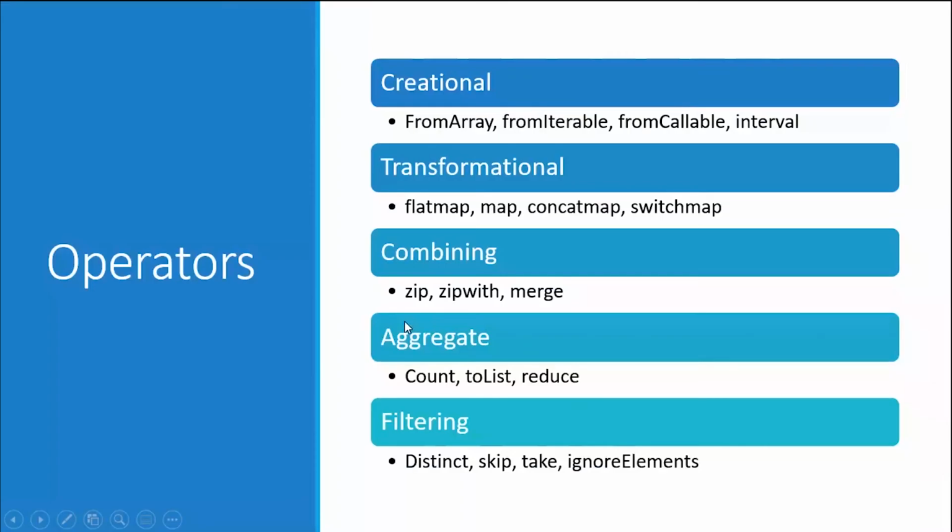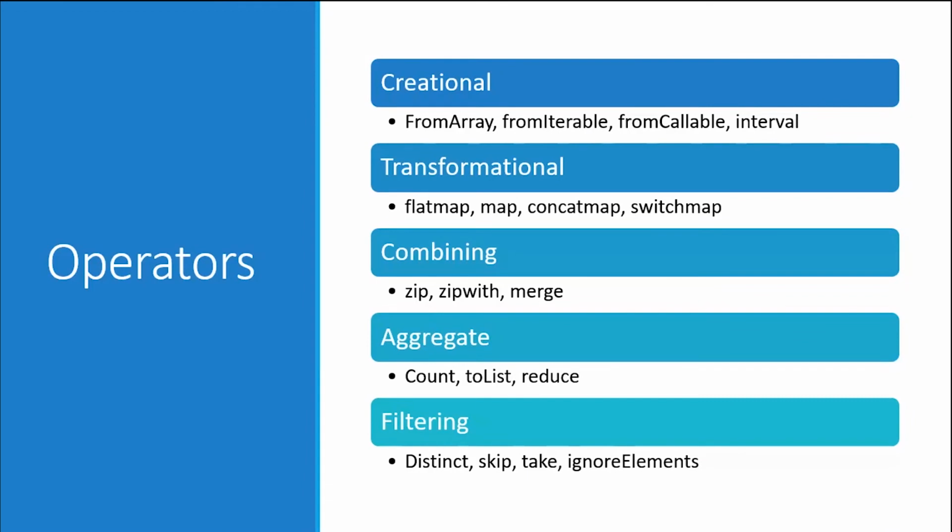We can go to operators. As I said previously, there are so many operators. We can categorize these mainly into five groups: creational, transformational, combining, aggregate, and filtering. Once we want to create a Flux or Mono, we have to do creation.